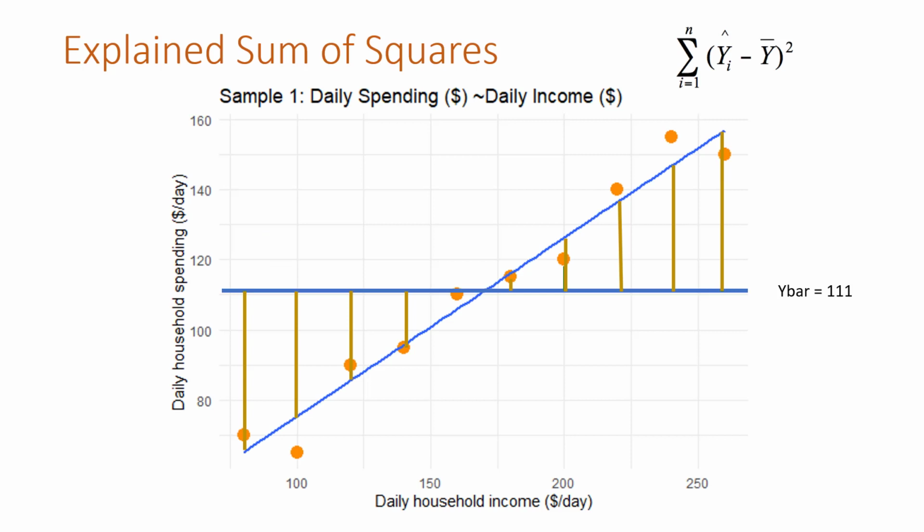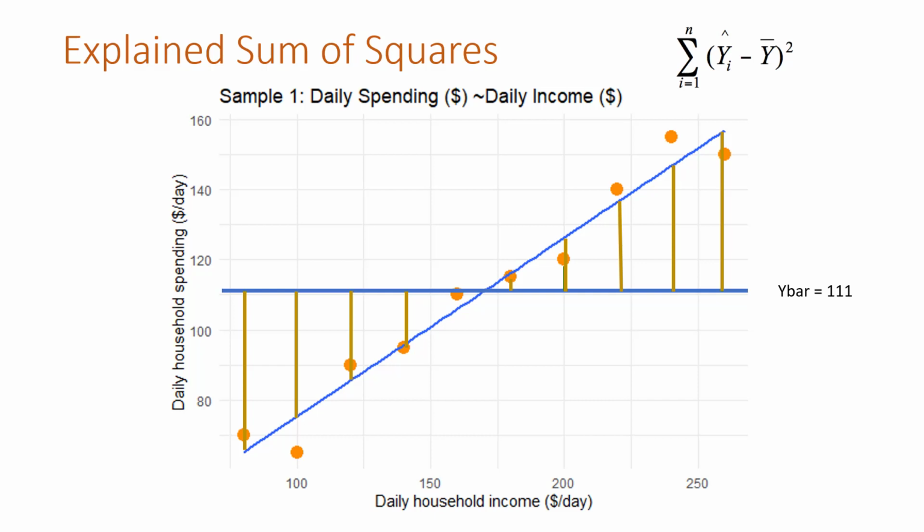And here in the mustard color, you can see the line drawn between the predicted line and the horizontal line. So it's drawn between y hat i and y bar. We take those differences, we square them and sum them, and that is our explained sum of squares.